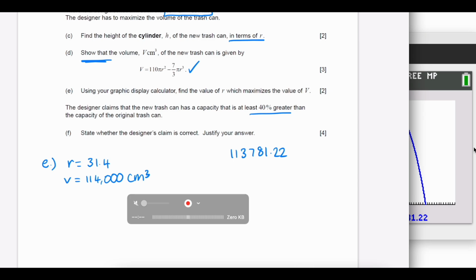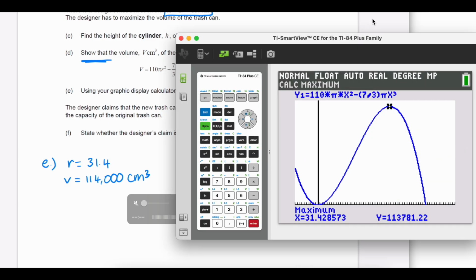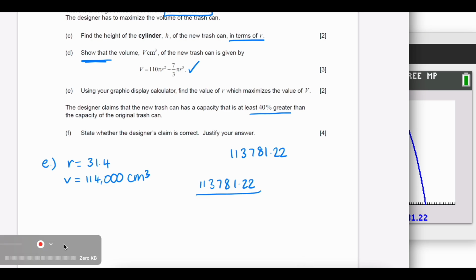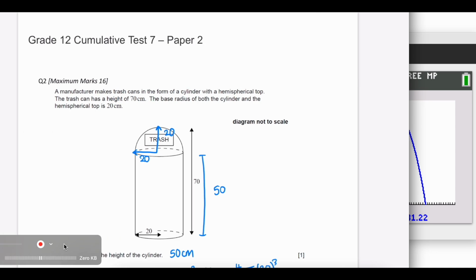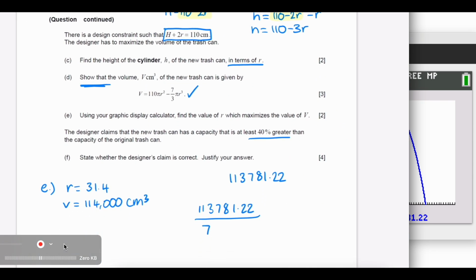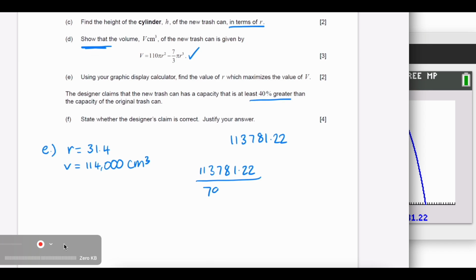So I take the new amount, 113,781.22, and I'm going to divide that by the old amount. So this was my answer that I did previously to part B, which is 79587.